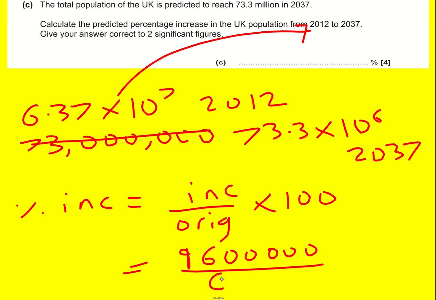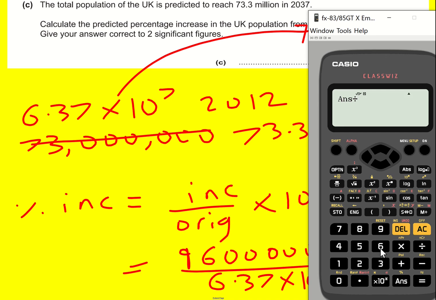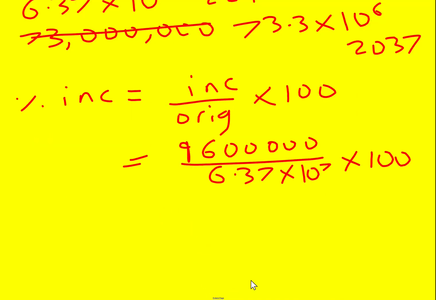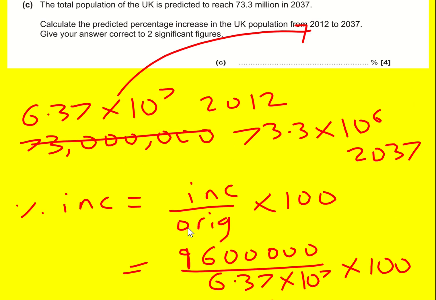Divided by 6.37 times 10 to the 7 times 100. That gives me 15.070. Give your answer to two significant figures, 15%.